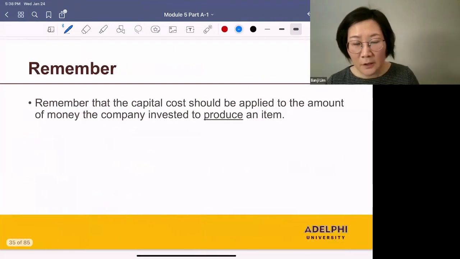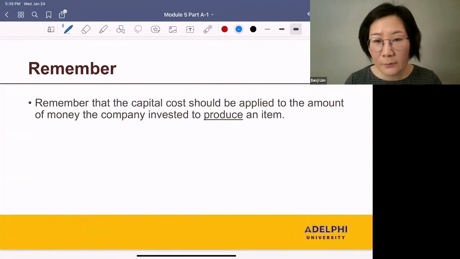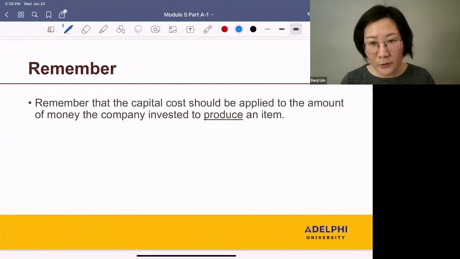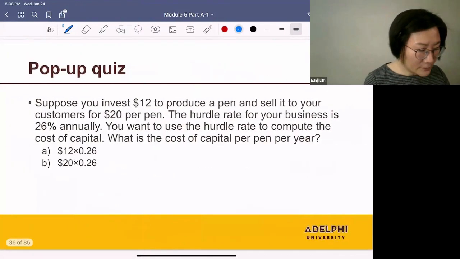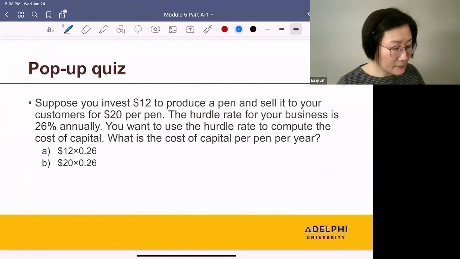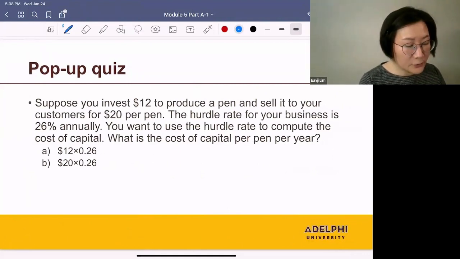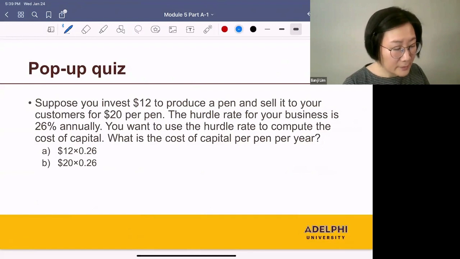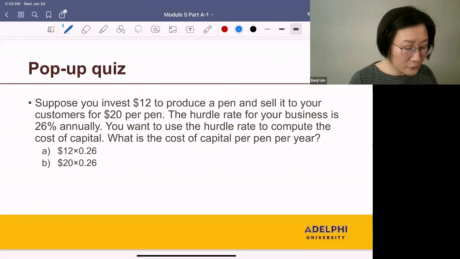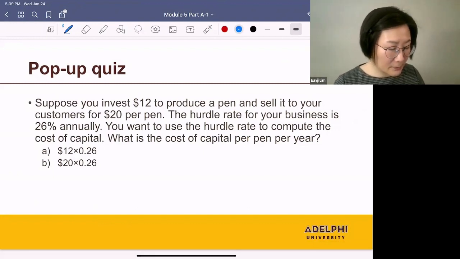Remember, the capital cost should be applied to the amount of money the company invested to produce an item. So for example, suppose you invest $12 to produce a pen and sell it to your customers for $20 per pen. The hurdle rate for your business is 26% annually. You want to use this hurdle rate to compute the cost of capital.